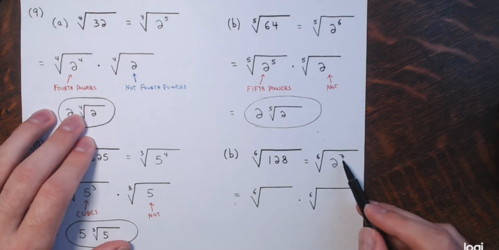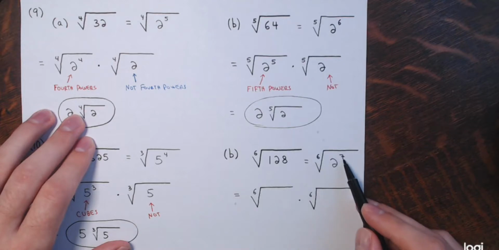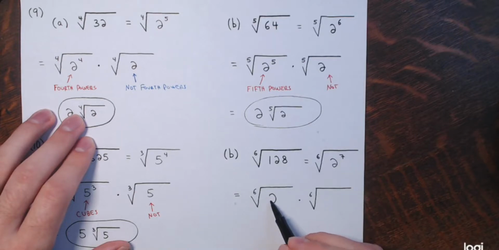Now this factor here, 2 to the 7th, 7 is not a multiple of 6. But I can break this up. The highest multiple of 6 less than 7 is 6. I can break this up to 2 to the 6th times 2 to the 1st. All right, that's 2 to the 7th. So we have the sixth root of 2 to the 6th times the sixth root of 2.